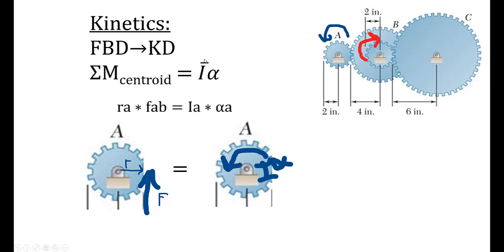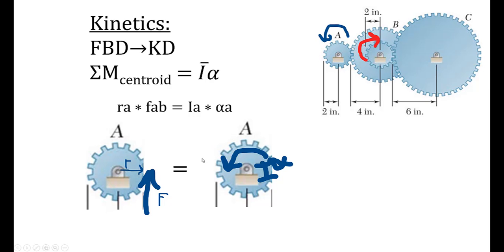So I'm just going to make the right-hand side positive, and the sign for alpha will drop out of it. And the moments, this is where I'm really going to worry about the sign. So I have a positive moment acting on it. And in this case, it falls out fairly obviously that we're going to get a positive counterclockwise I alpha because of this moment.